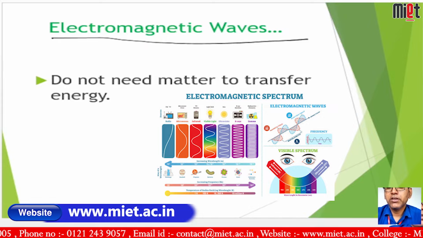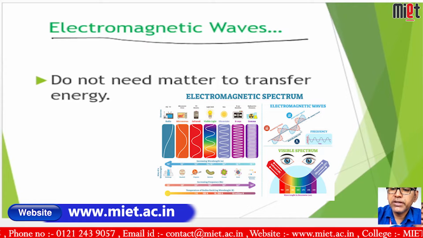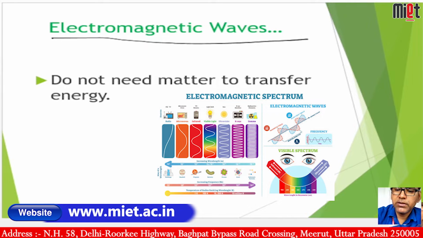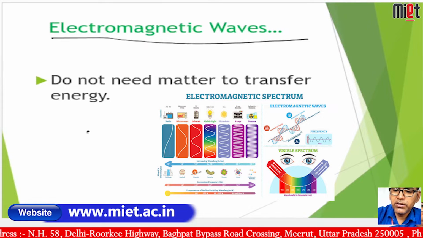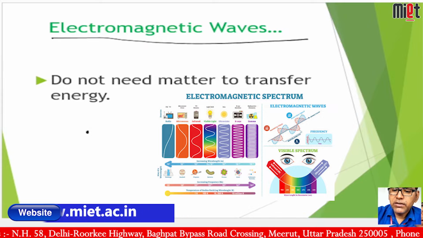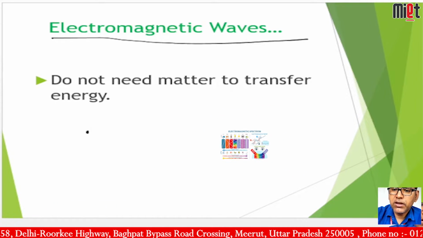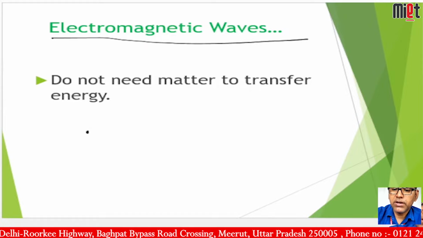So basically how do we generate electromagnetic waves? To generate electromagnetic waves, we will require an electron in moving condition, and the movement should be in such a way that there is acceleration or deceleration. How does it happen?